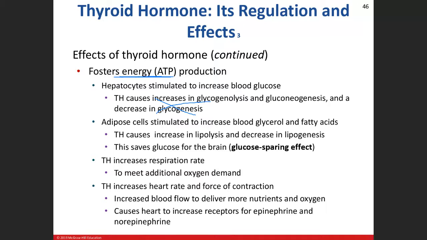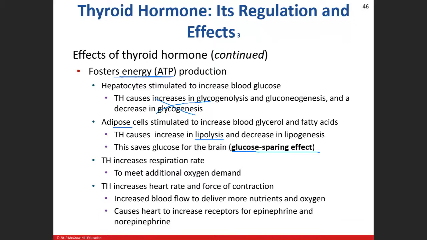So as that glucose is circulating through your bloodstream, it's readily available for the cells undergoing an increase in metabolism. Your adipose cells, I talked about this, are going to break down fats into glycerol and fatty acids, so we can use those for energy production. And by doing that, we allow glucose to be saved for the brain. The name of that is the glucose sparing effect.